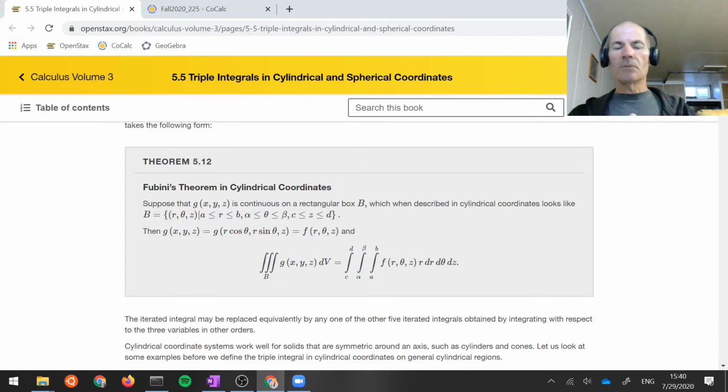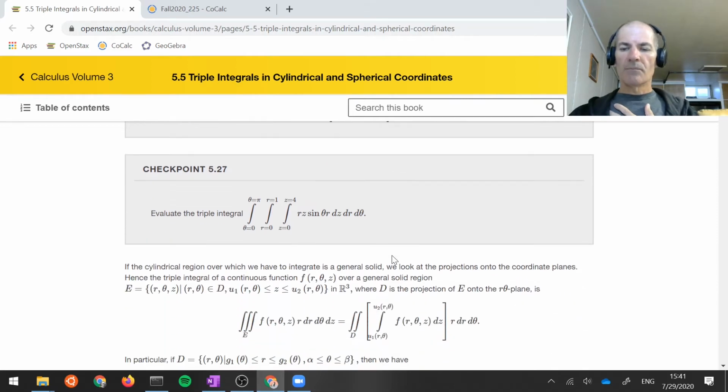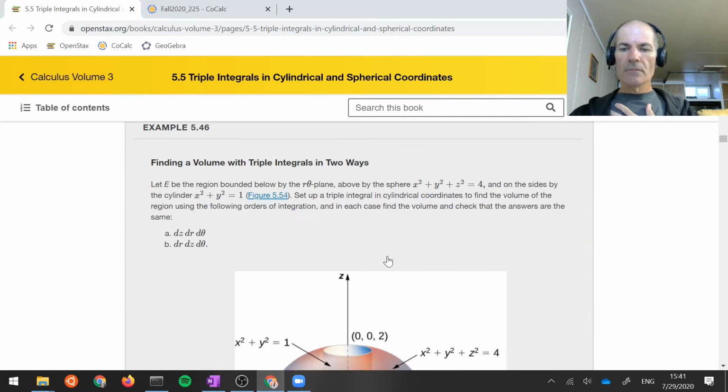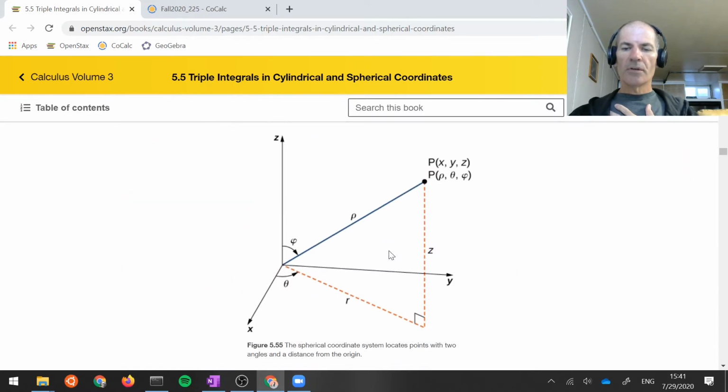We'll talk a little bit more about how to describe volumes in terms of cylindrical and spherical coordinates in a moment. I want to go ahead and just talk about this issue in the context of spherical coordinates. So you'll remember that spherical coordinates describe points in three-dimensional space using the parameters rho, phi, and theta.